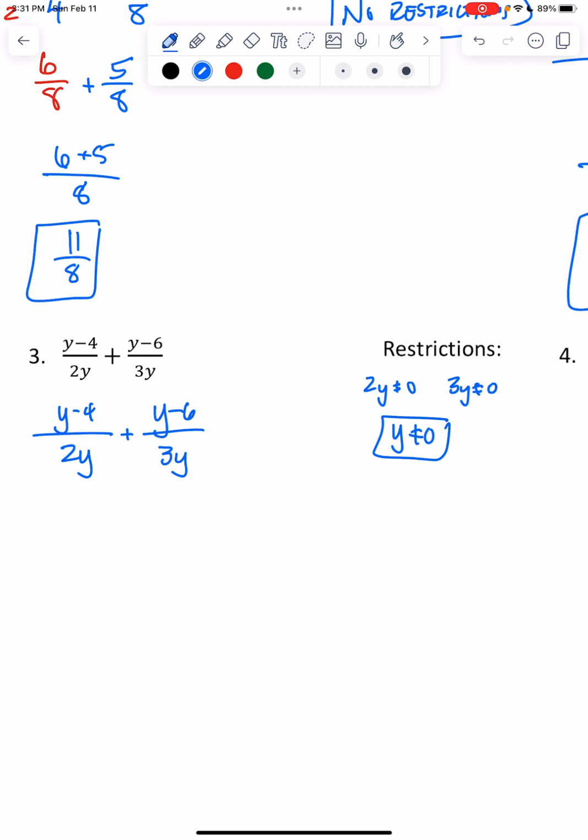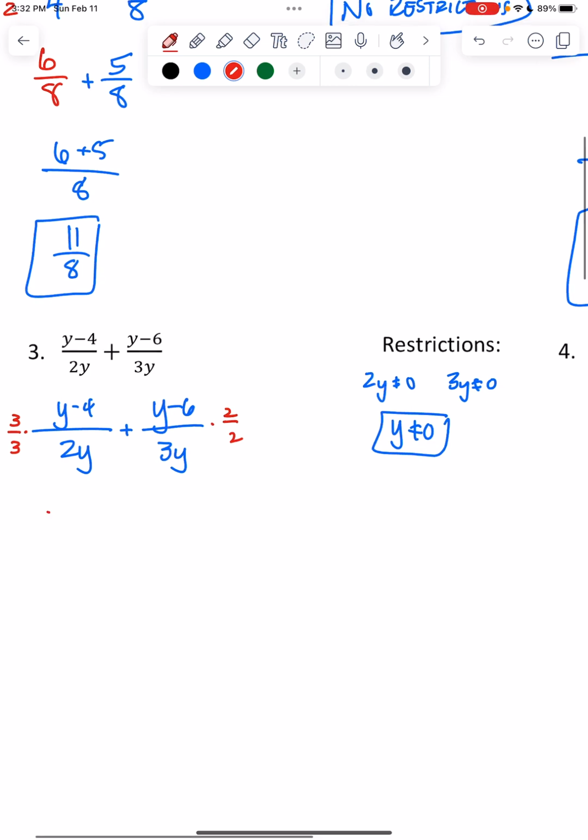So they need a common denominator. They both already have a y, so that's good. We just need to make them have the same coefficient. The number 2 and 3 go into is 6. So let's make both denominators a 6y. To do that, we need to take this first fraction times 3 and this second fraction times 2.